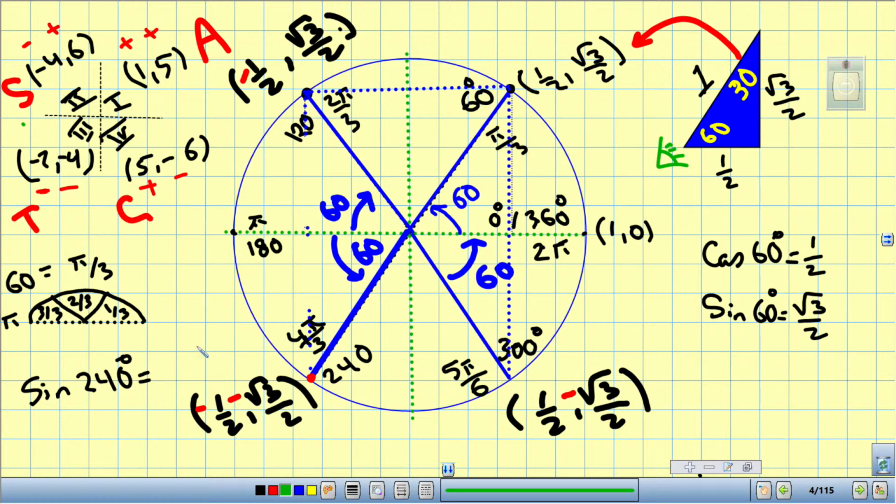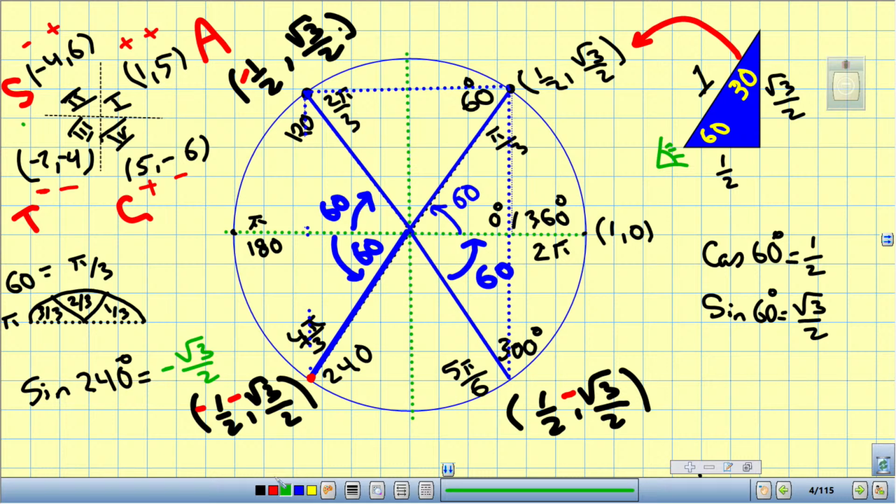What is sine 240? Yes, thank you. That's precisely it, Brianna. Negative square root 3 over 2. That's this here. This is the y, this is the sine. Okay, wow.